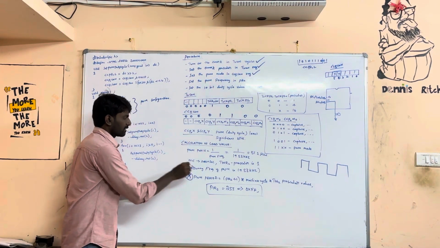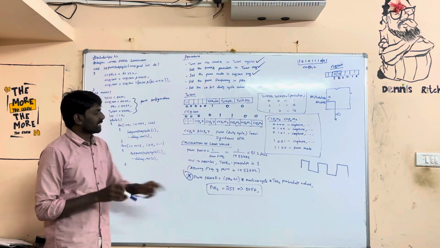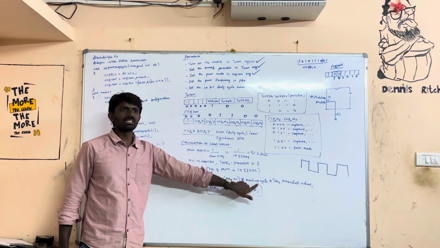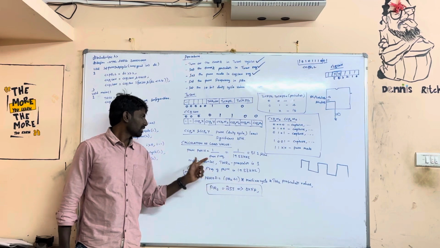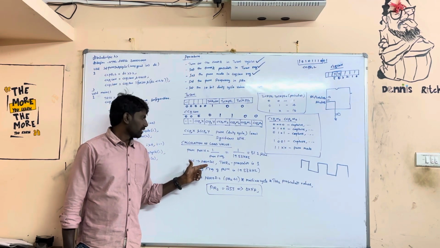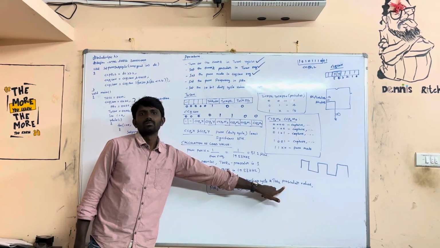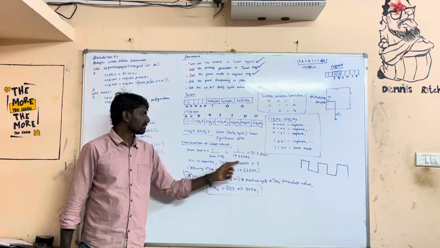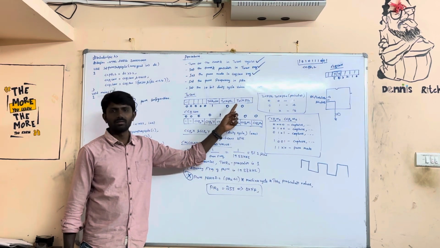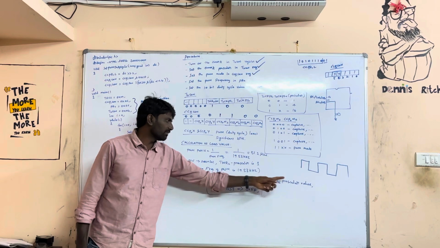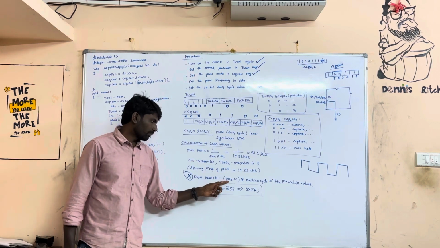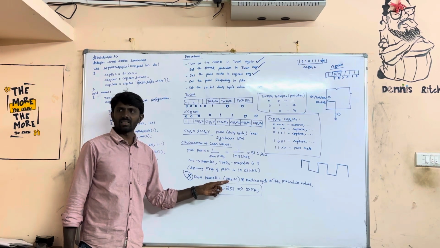For this only we are doing all of these exercises. See, machine cycle we know, last class itself we discussed. Machine cycle is 200 nanoseconds. And prescaler we know, prescaler is just 1 because we configured only 1. So we know the machine cycle, we know the prescaler. We don't know PR2. PR2 only we are going to calculate.